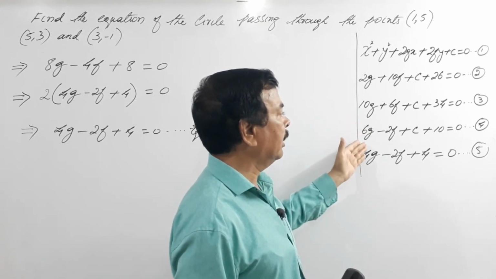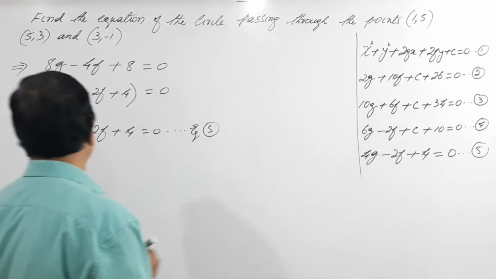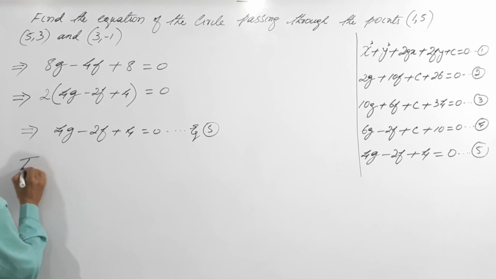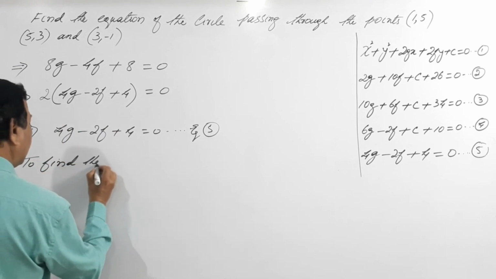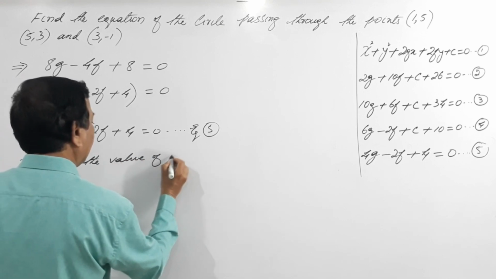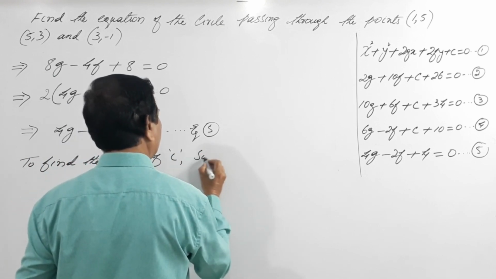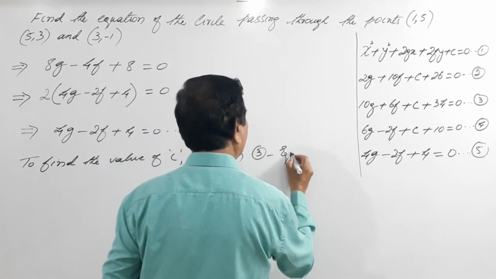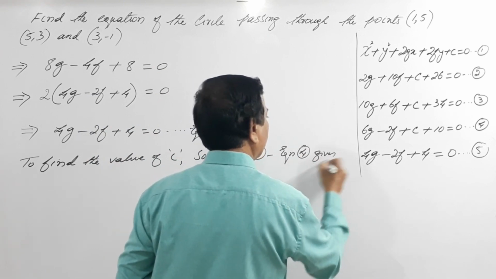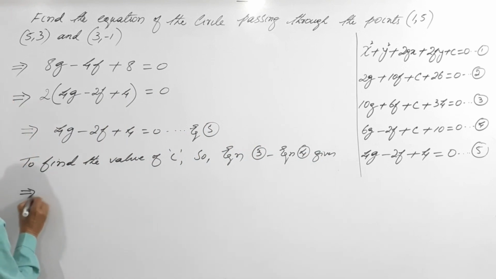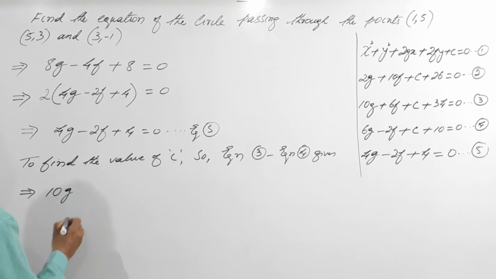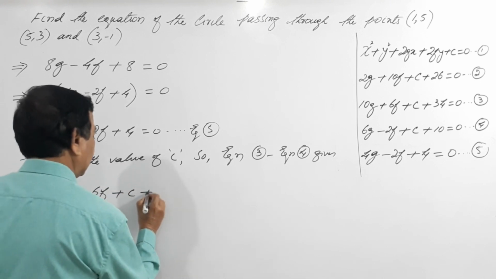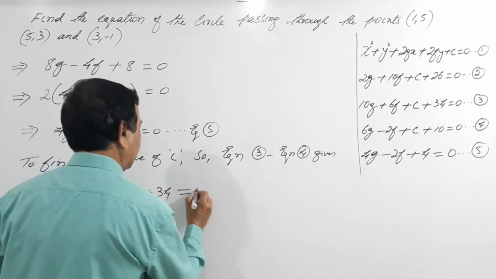So I'll subtract equation 3 minus 4, to find the value of C. Equation 3 is 10g plus 6f plus c plus 34 equals 0.